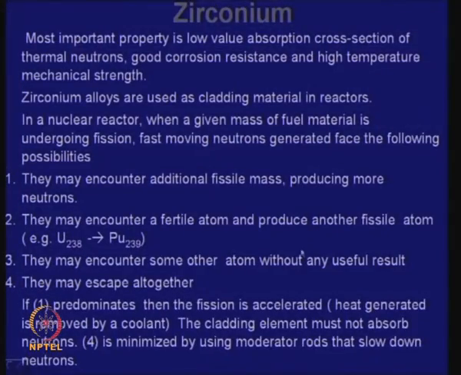There is a second possibility that the neutrons that have come up encounter a fertile atom, not a fissionable material, and produce another fissile atom. Like when you are starting, you cannot have pure uranium-235, you have an enriched material, uranium-235 as well as uranium-238.